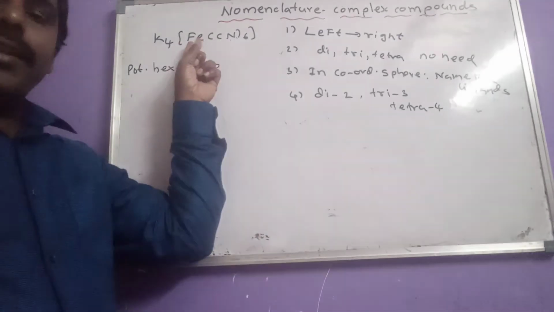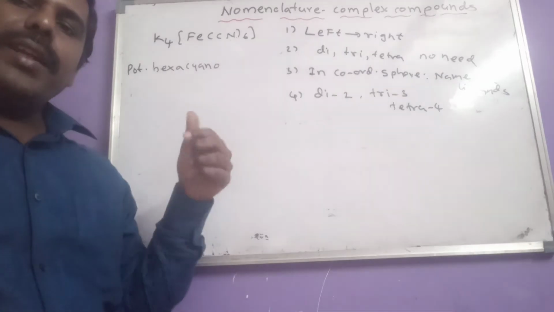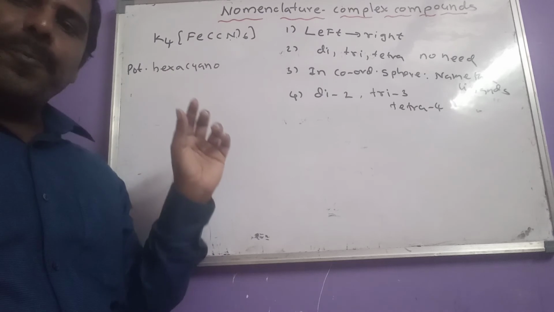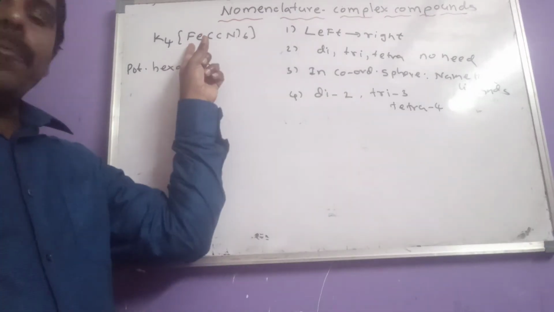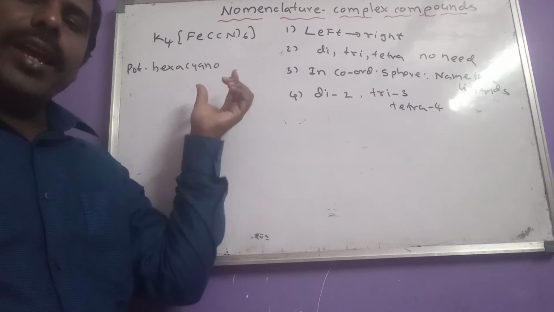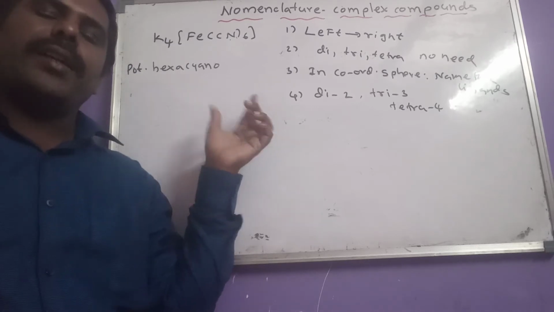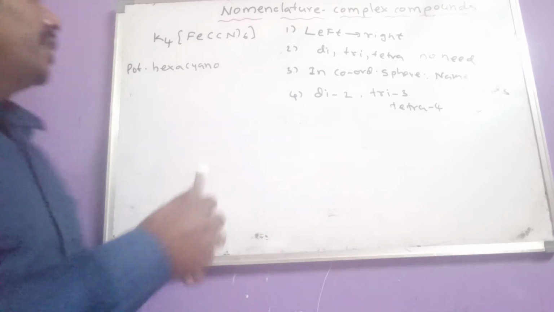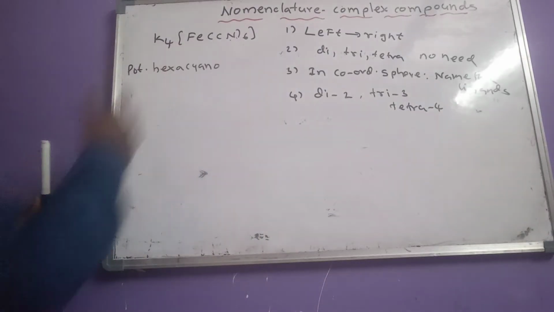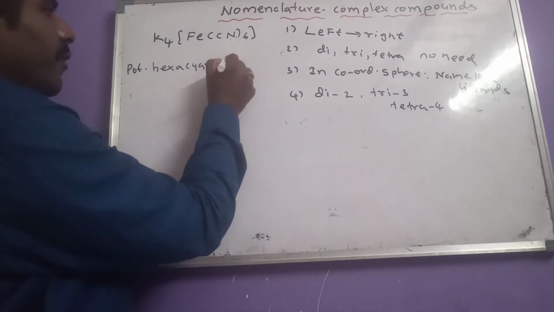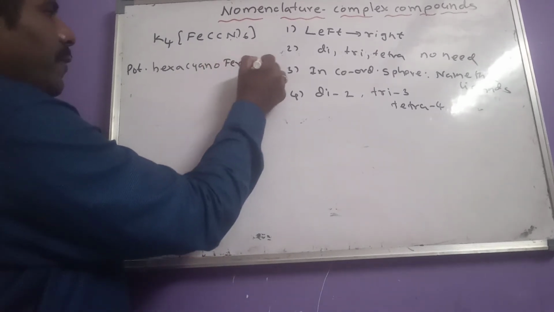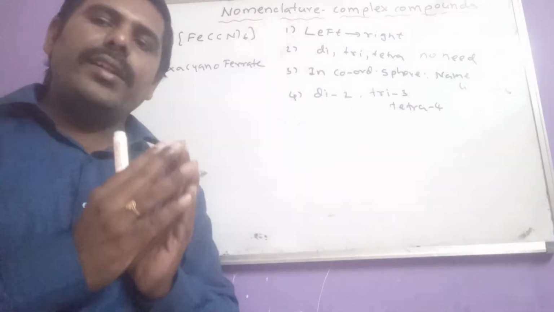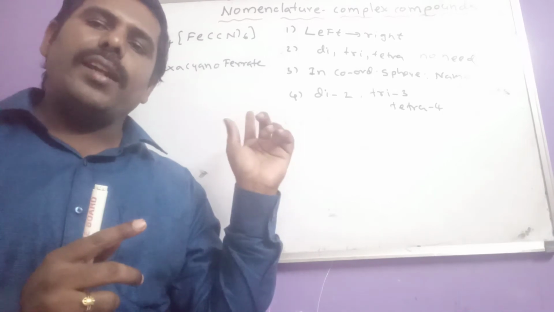If Sn, stannate. If copper, cuprate. If nickel, nickelate. So in anionic complexes, the central metal is named in Latin. This is an anionic complex, so we name it ferrate.